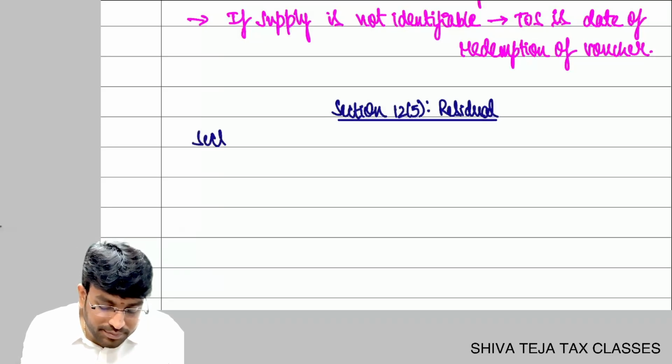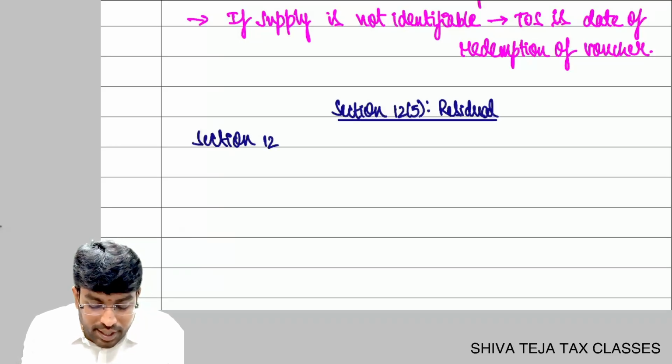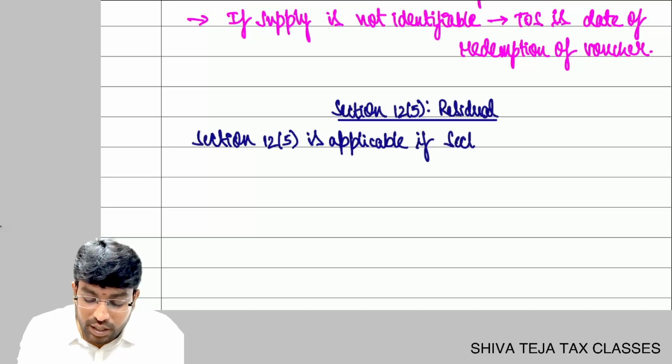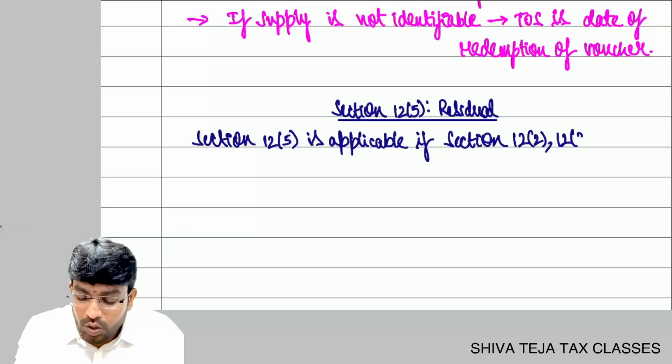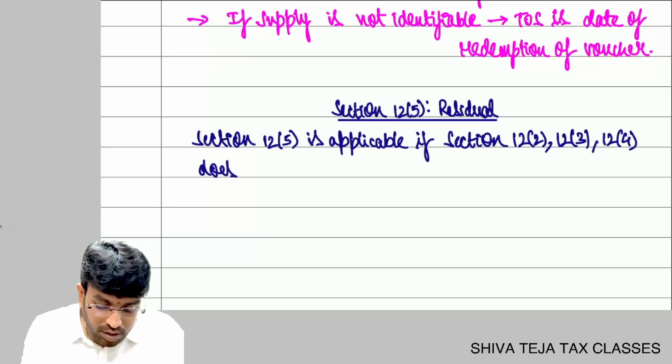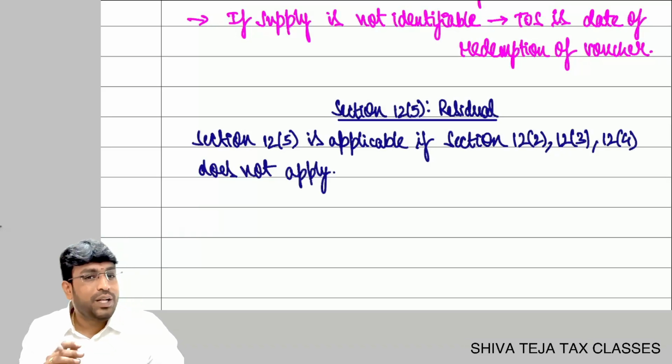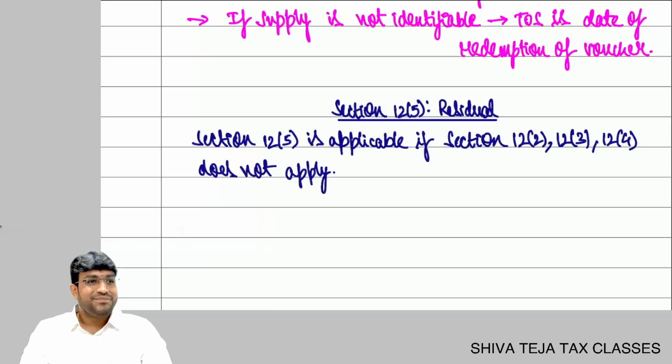This section starting only says section 12.5 is applicable if section 12.2, 12.3, 12.4 does not apply. Sir, why do you think 12.2, 3, 4 does not apply?